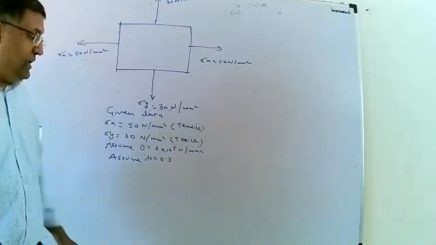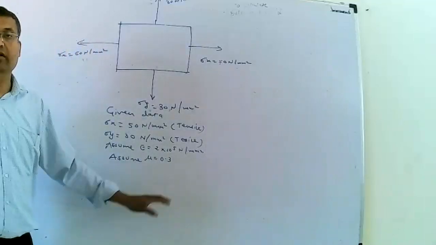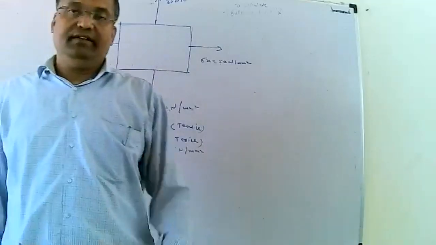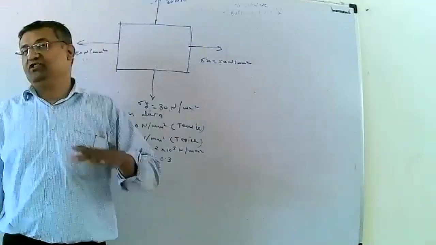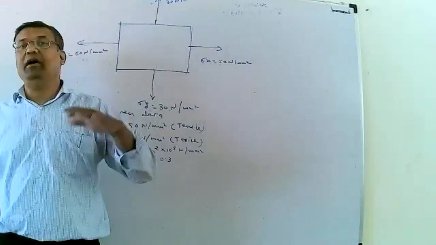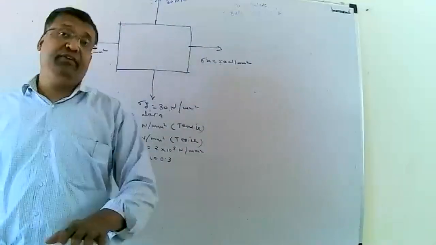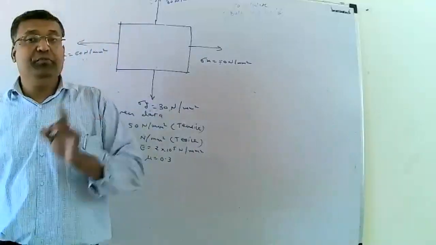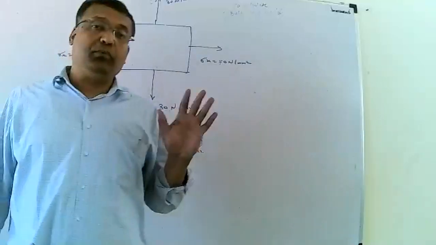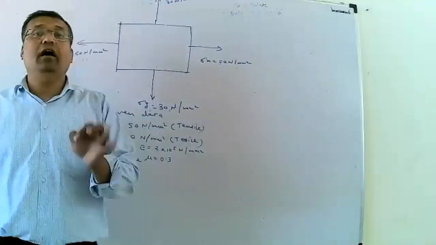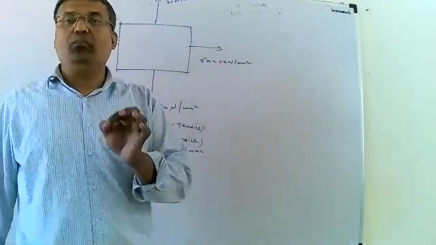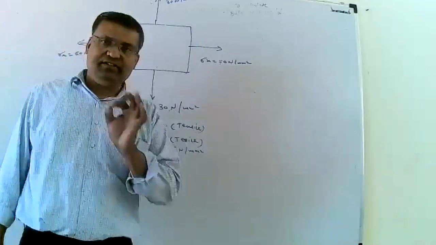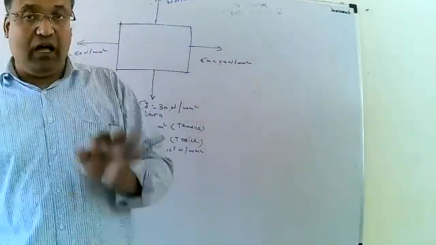Then one more value, that is the Poisson ratio. That is the ratio of lateral strain to linear strain. It is represented by mu. If the value of mu is not given in the problem, then always assume mu is equal to 0.3. Always remember, this is a very, very important note.